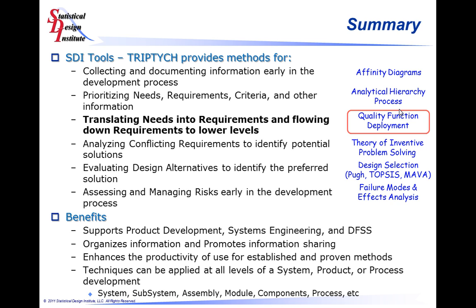Basically we take methods that we've all known about for a long time, enhance your ability to use them and get benefit from them, and enhance your productivity as part of a development activity.